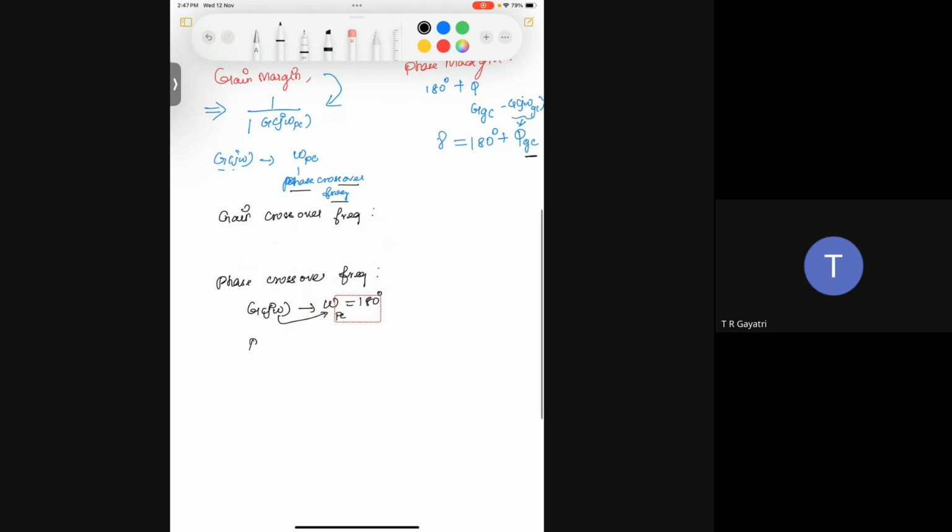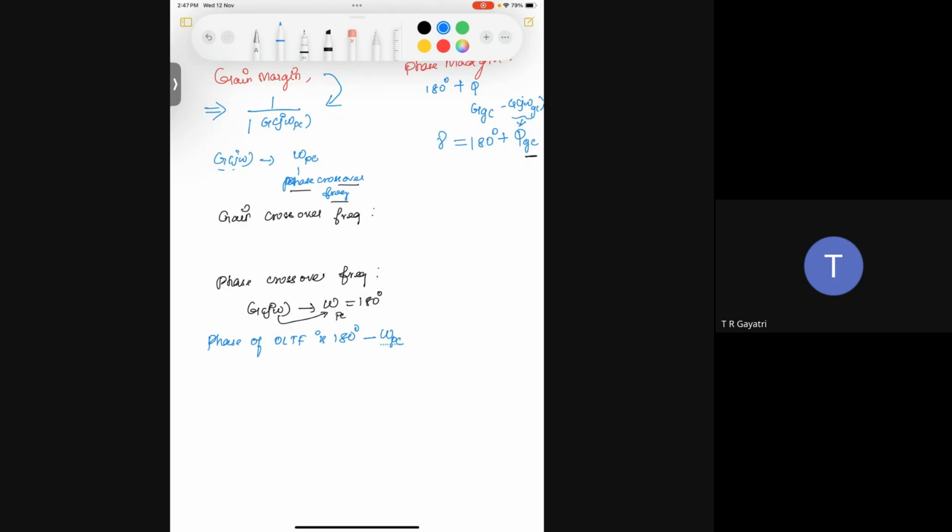Whenever the phase of the open loop transfer function is 180 degrees, this is the phase crossover frequency.